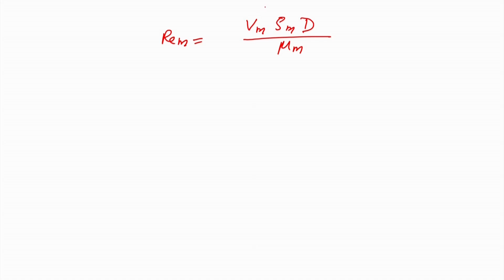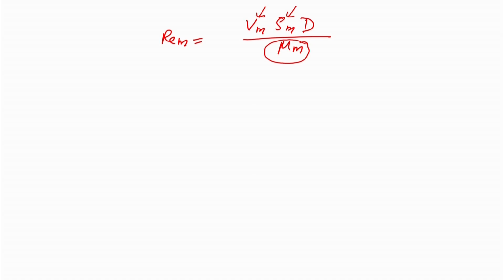Here we know V m, we can calculate it from the total flow rate divided by cross sectional area, and we know rho m because we know alpha G and alpha L. The only problem is mu m, how to calculate the mixture viscosity. The mixture viscosity calculation is itself a very big task, a whole field of rheology, and I am not discussing that.